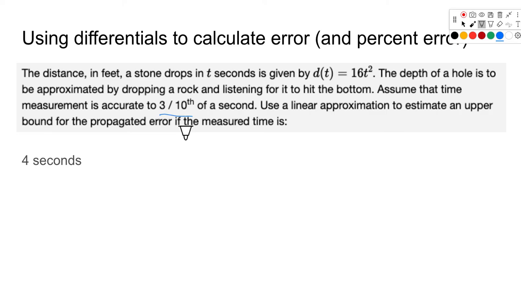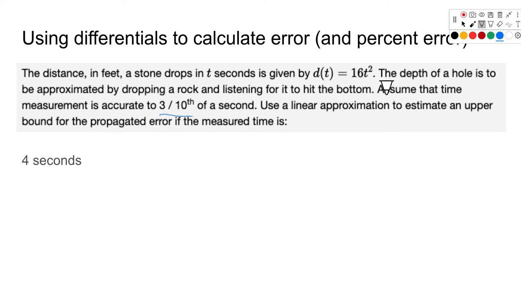So we want to use linear approximation, which is what we've been doing, really the differential, to estimate the bound for the propagated error if the measured time is 4 seconds. So they're saying that x, or t in this case, is going to be 4 seconds. Okay, so what we're going to do is write this equation.